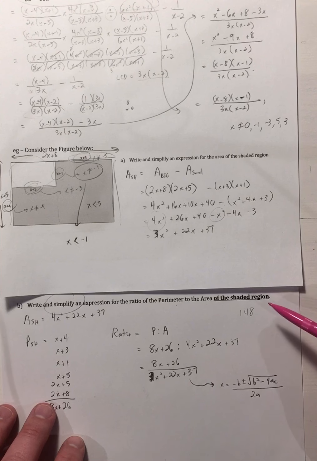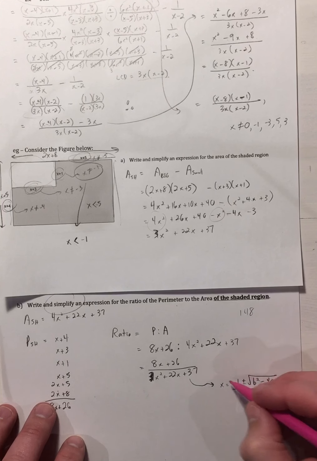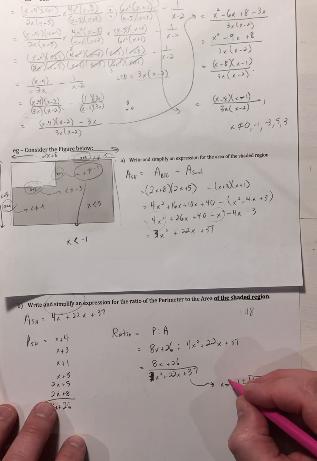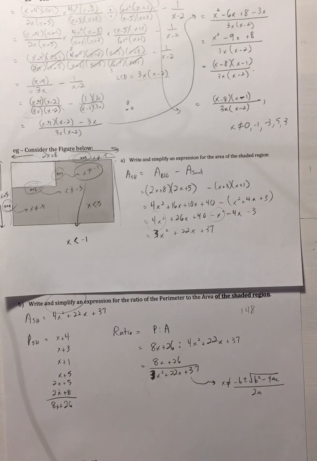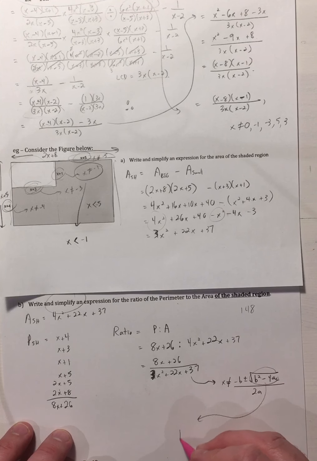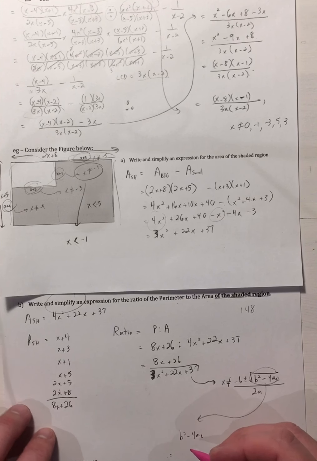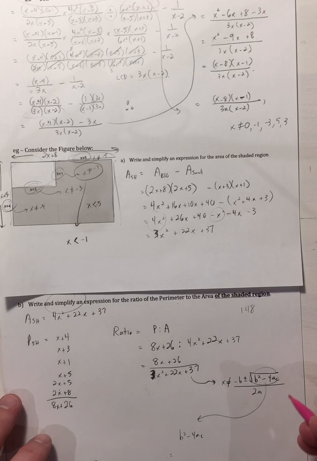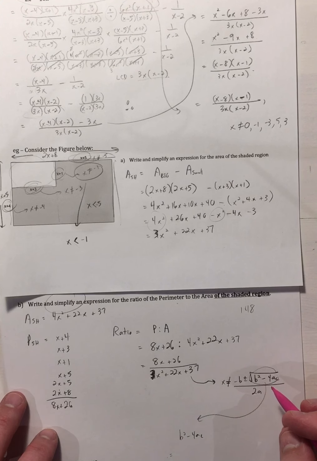But if we were to figure this out, my restrictions would actually be, rather than x is equal to these, x is not equal to these. Okay, not equal to these. And we'll also talk a little bit later on about something called the discriminant, where we can actually take b squared minus 4ac and use that to determine how many zeros we have. Do we have 1, do we have 2, or do we have none? Okay, in other words, are there no possible values?